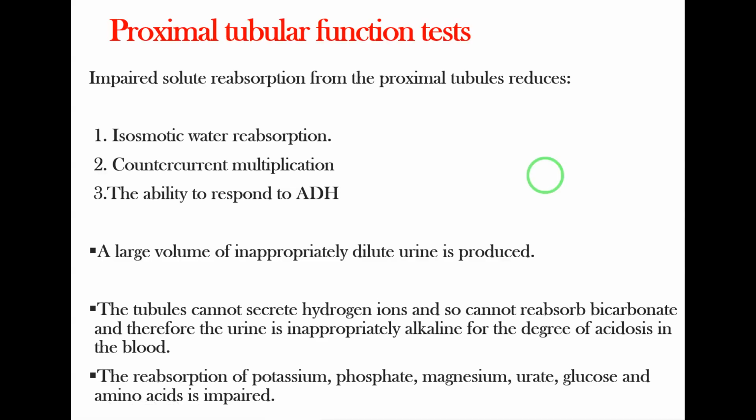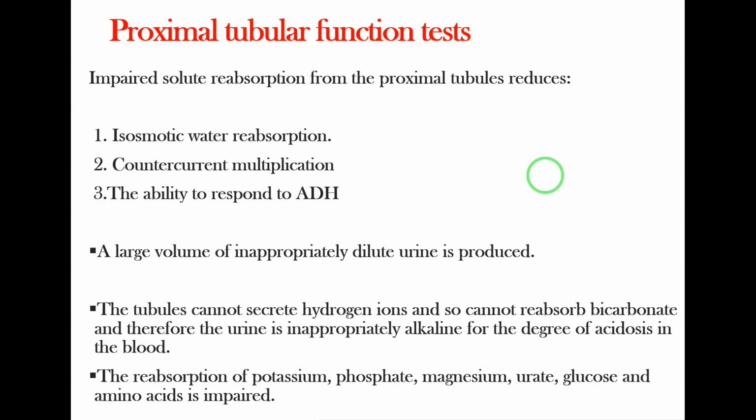What happens if the damage is mainly in the proximal tubule? For example, any defect, maybe metabolic, obstructive, hypoxic, or oxidative damage, that occurs to the cells of the proximal tubule. If they are distorted, what do we expect? First of all, the isoosmotic water reabsorption will be impaired.